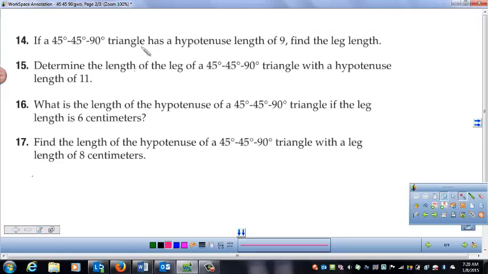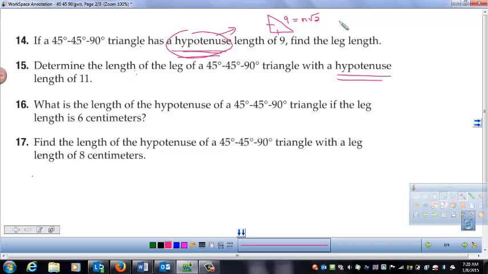These two are just like what I showed you, because they give you the hypotenuse. If you're given the hypotenuse, that's when you have to divide by the square root of 2. So if I draw this triangle out, these two are here, and I know this is 9. If I know the hypotenuse, that's when I have to say that equals n square root of 2, which means I have to divide by the square root of 2.